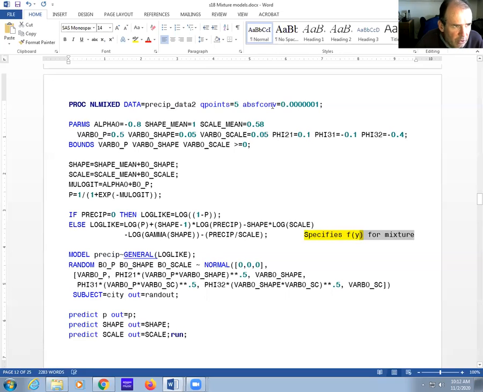The beauty of it is that we can write it this way, because we have two parts to the model: the occurrence part and the intensity part. This code allows us easily to say, if there's no precipitation, then this is what our log likelihood looks like; if there is precipitation, this is what it looks like.